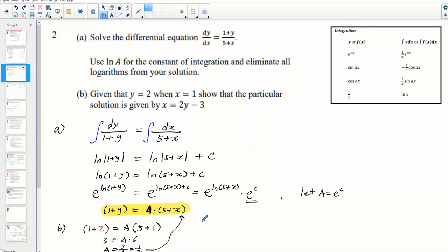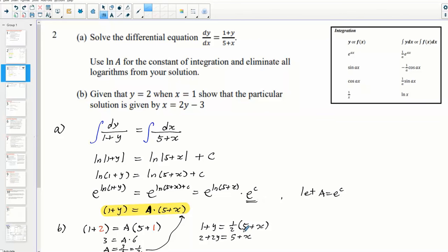Okay, so rewrite that as 1 plus y equals a half times 5 plus x. And if you tidy things up a bit, you should be getting this particular solution that's indicated in the question. So let's times 2 on both sides. So 2 plus 2y equals 5 plus x.